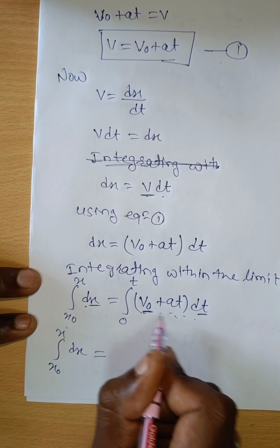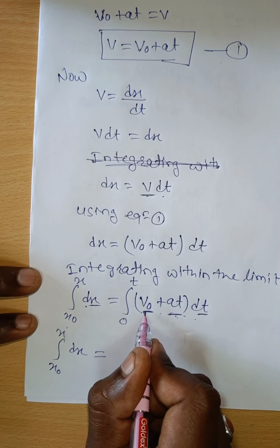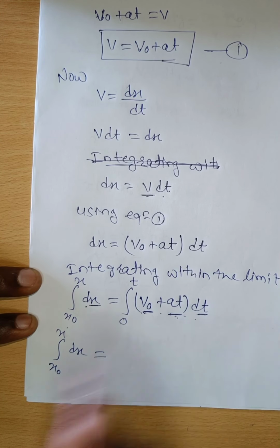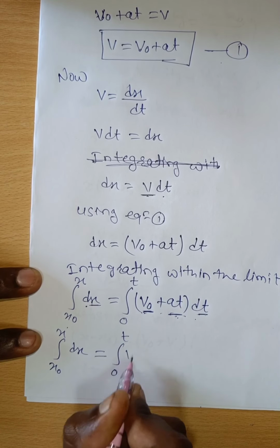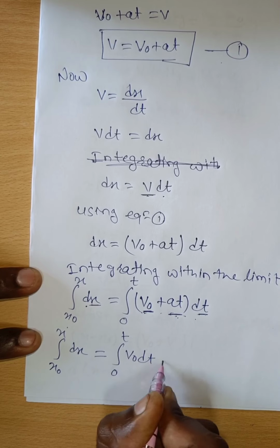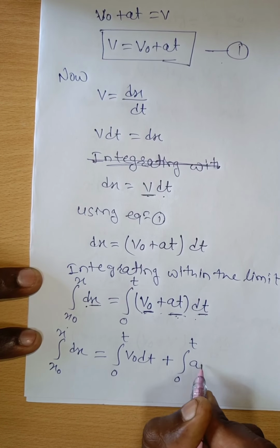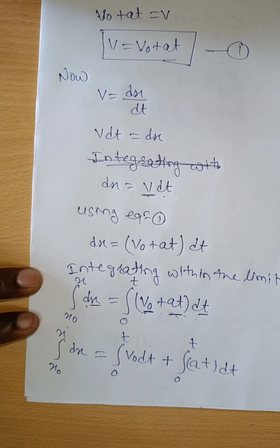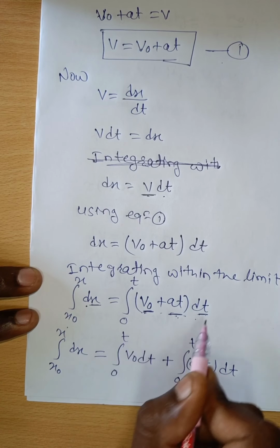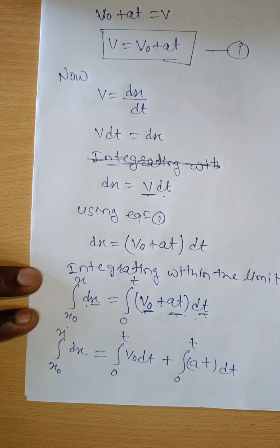That is integration from 0 to t of v naught dt plus integration from 0 to t of a t dt.